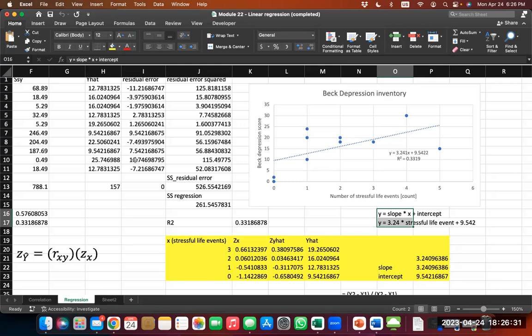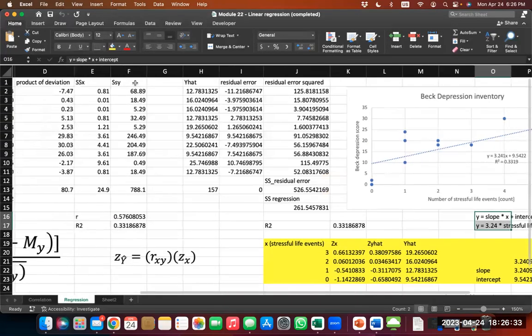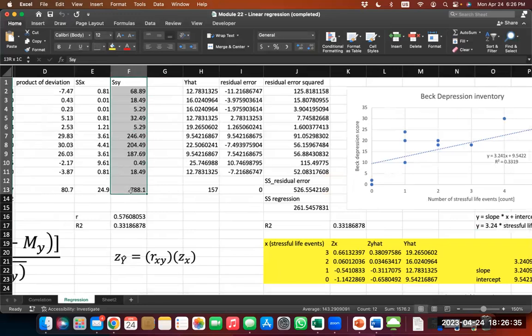And this is what we quantified by quantifying our total error, assuming we're just predicting our individual points with one flat line, resulting in 788.1 score squared. Keep in mind that the unit of this sum of squares is whatever the unit of the dependent variable is, squared.